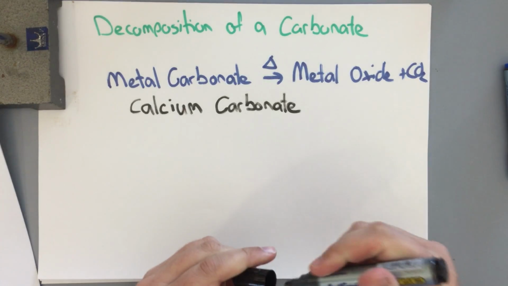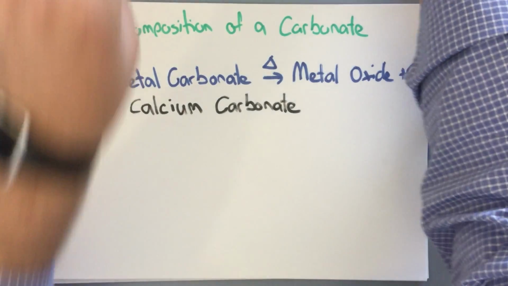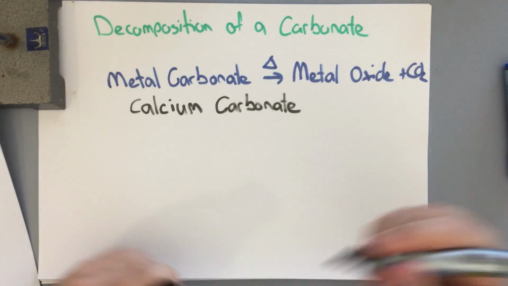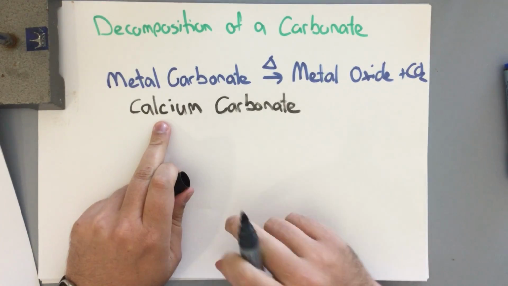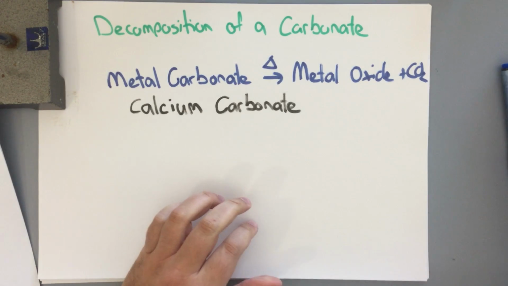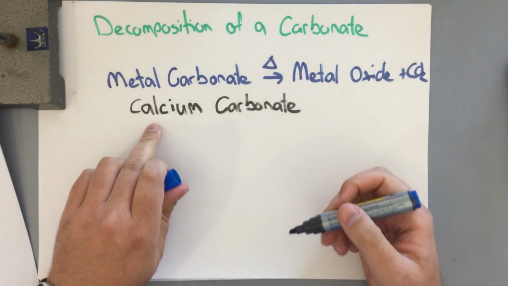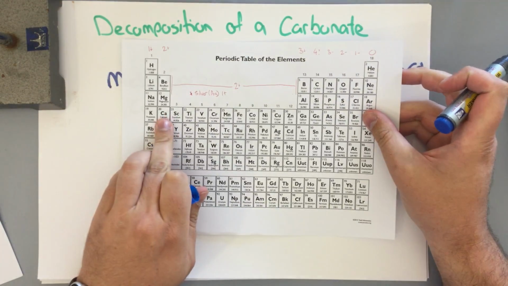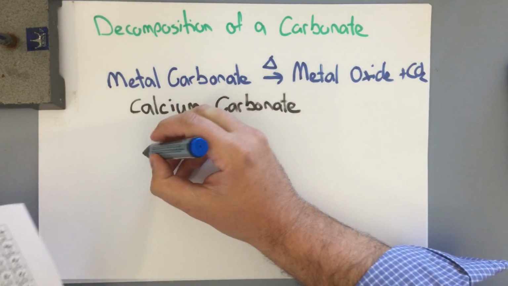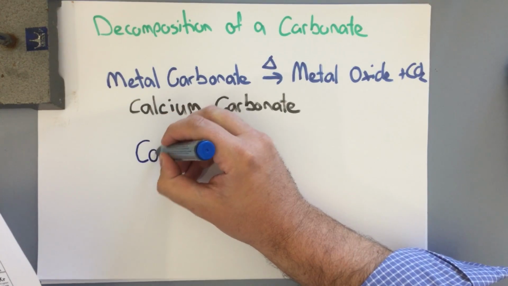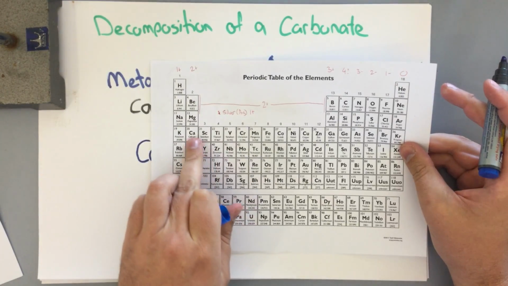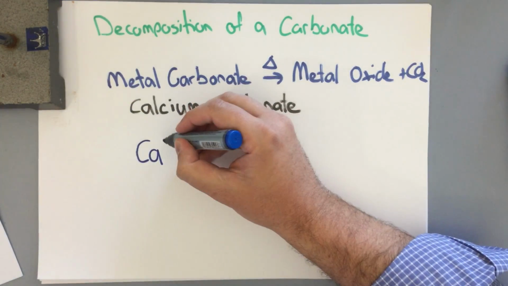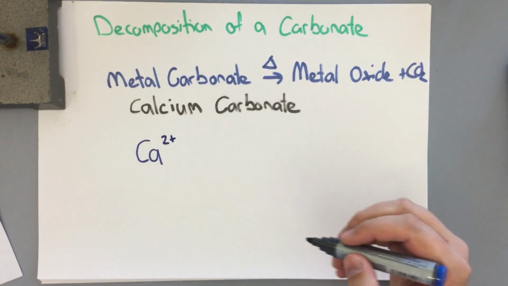So in order to work out the decomposition of calcium carbonate, we need to first work out the chemical formula for calcium carbonate. Now we know calcium, it's on our periodic table, so let's write a Ca for calcium, and it is in the 2+ column. It has a valency of 2+, so let's put a 2+ up there.